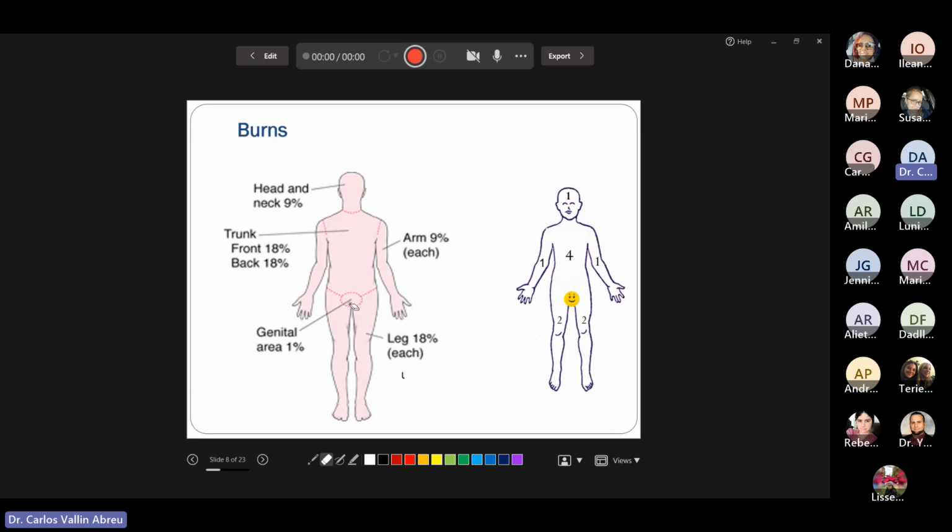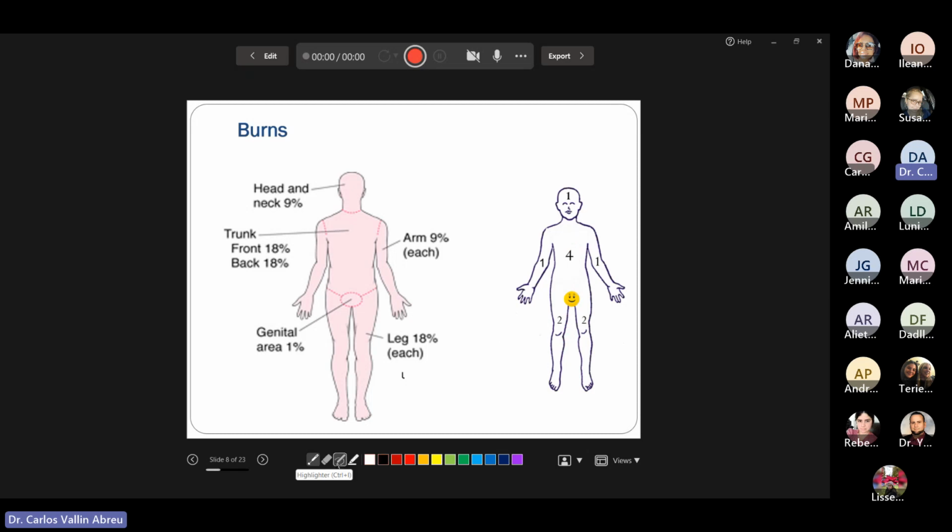So the 1% that is missing is for the genitals. Don't forget that, okay? It depends if you prefer to memorize 9, 9, 9, 18, 18, 36, and then just spread front and back, or you do as I prefer, 1 nine for each one of the extremities, 2 for the lower extremities, and 4 for the trunk.